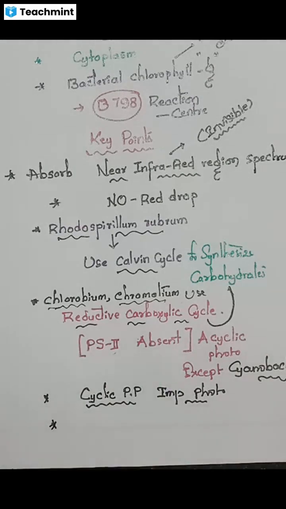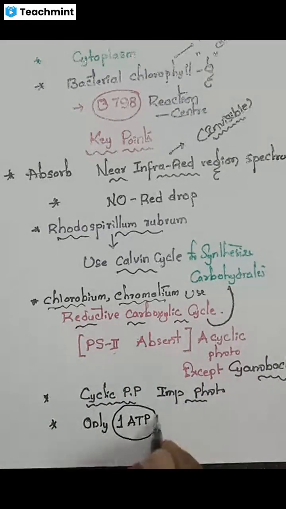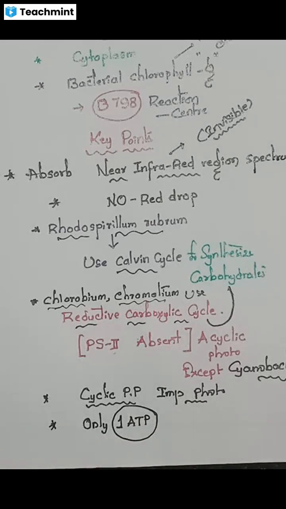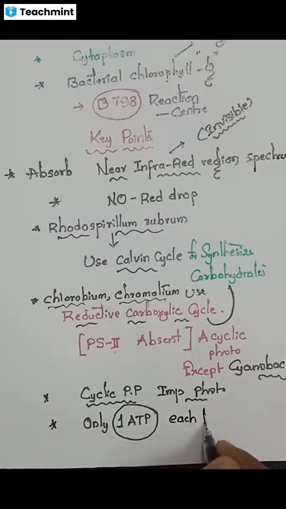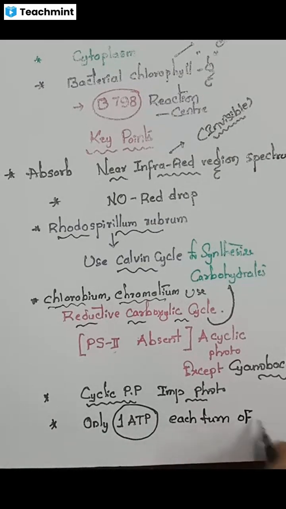But in bacteria, only one ATP is produced in each turn of cyclic photophosphorylation. This is one of the most important ones.